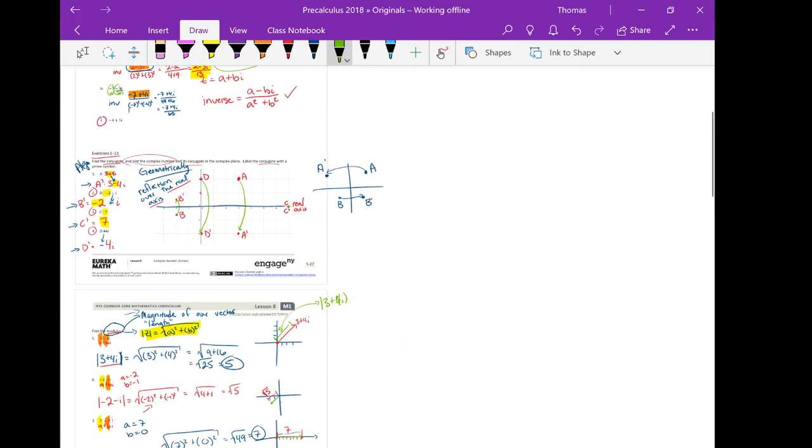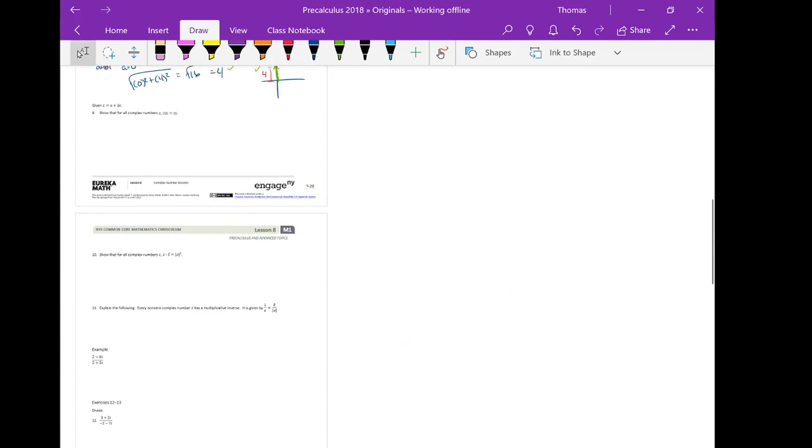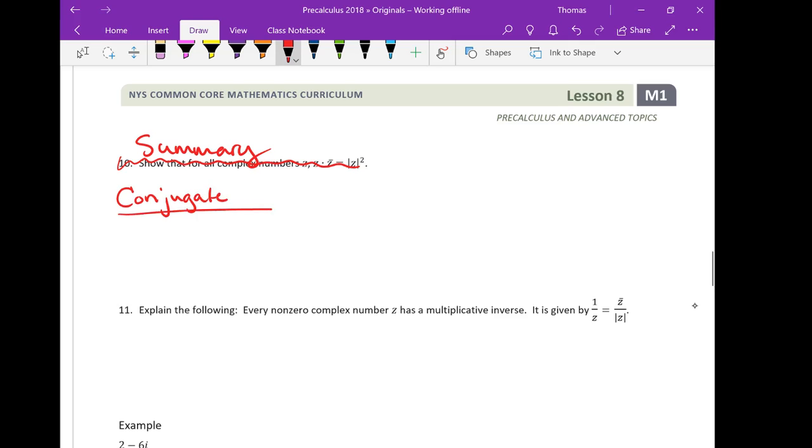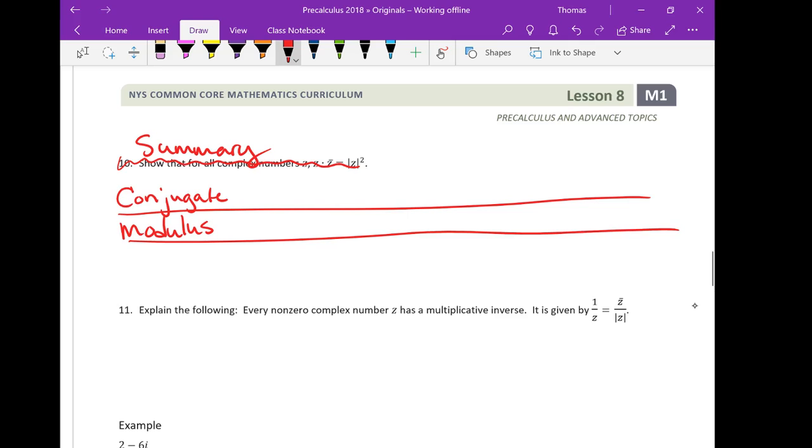Before we wrap this up, though, I'm just going to make a quick summary of what we've talked about so far. So I did this in our binders by question 10. So if you just want to scribble out question 10 and then write summary right above it. I made a little table that included space for our new terms for today, conjugate, modulus, and then division.